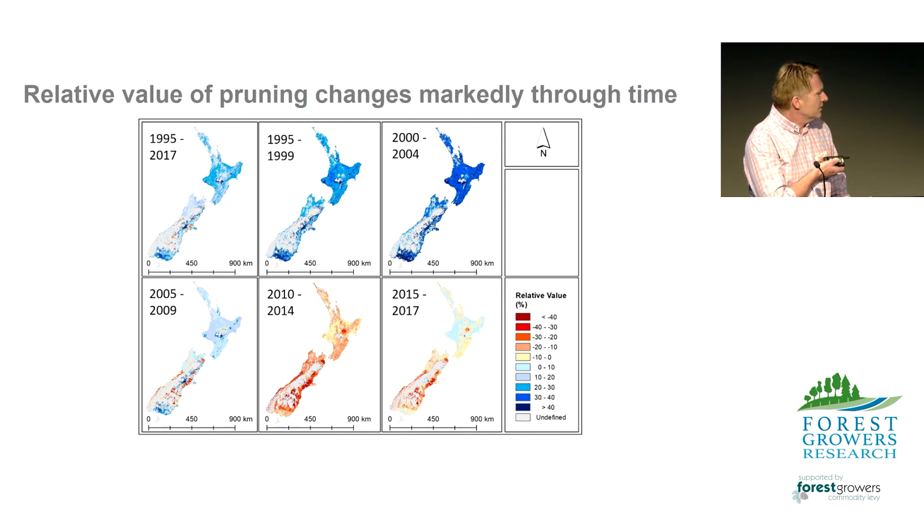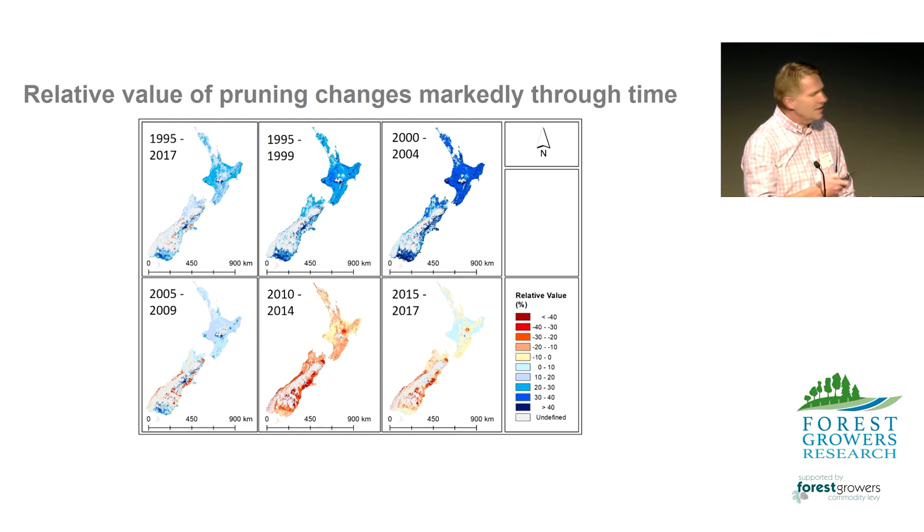Conversely, if we look at this spot next to Lake Taupo, using log prices from 2015 to 2017, you can see that the relative value of the structural grade regimes was around about 20 to 30% higher than that of pruned regimes. These panels are just parameterising the model using log prices from different periods going through time, and this is the average from 1995 to 2017.